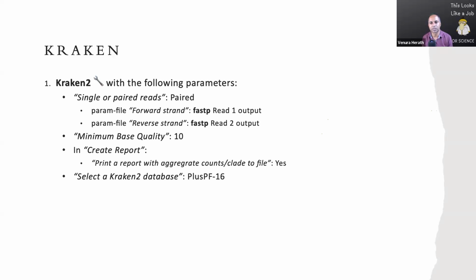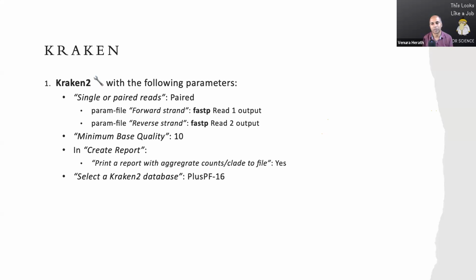Set the minimum base quality to 10, and under create report, select yes for print report with aggregated counts and clades to the file. As the source database, click plus PF16. Just double check, sometimes that database is not available. If it's not available, I'll give you an alternative option. But go ahead and load the Kraken tool, and then set these settings.